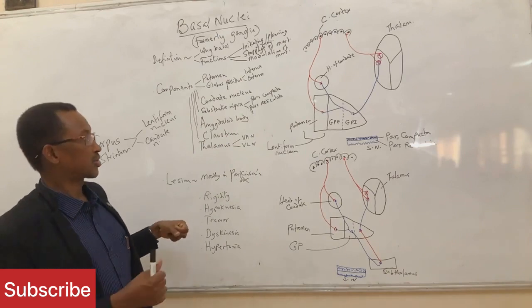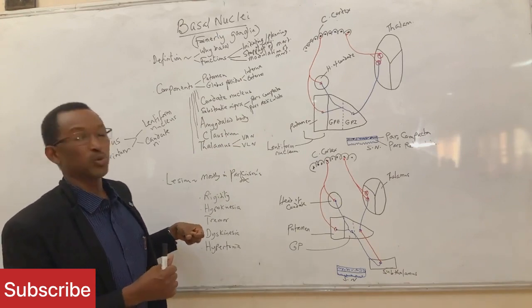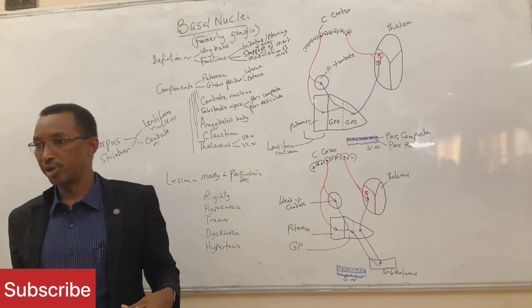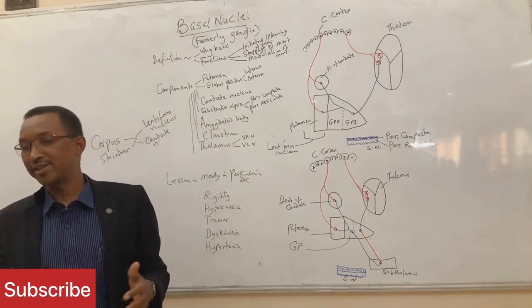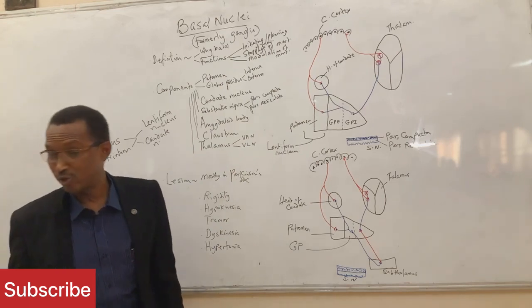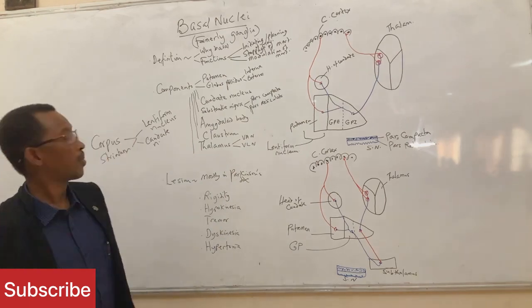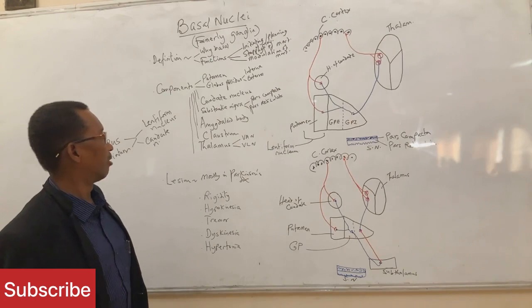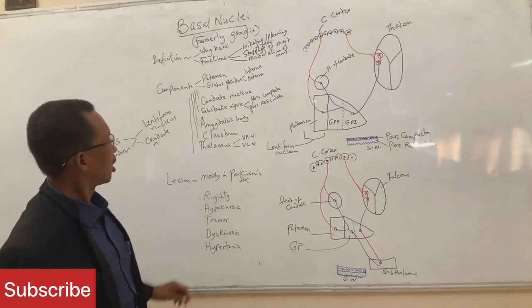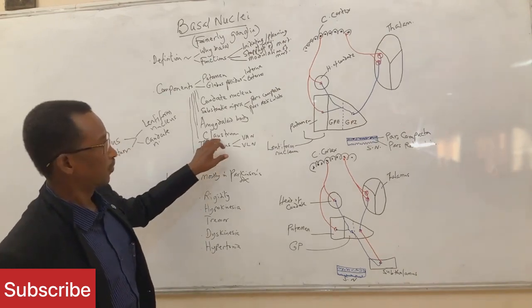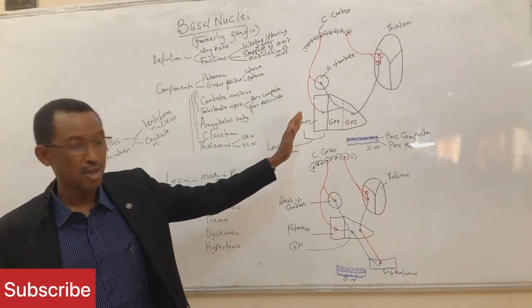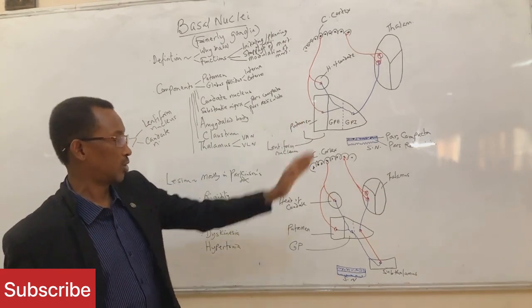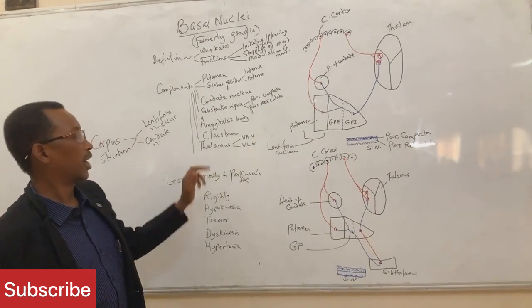In some textbooks, the amygdaloid body is considered part of the caudate nucleus, while others say it is not. These are disparities in the understanding of anatomists, which is normal for every profession. There is also the claustrum, a structure just lateral to the external capsule. And finally, we have the thalamus.